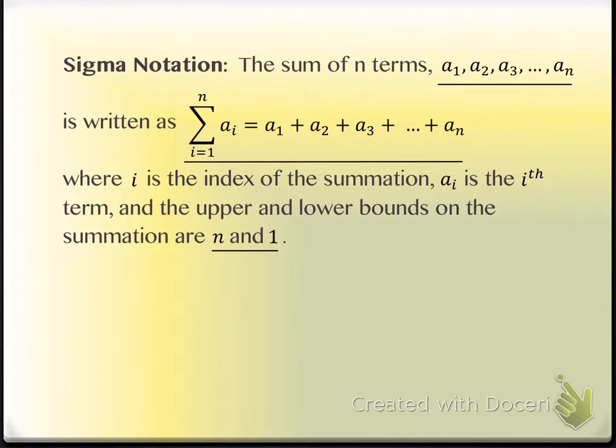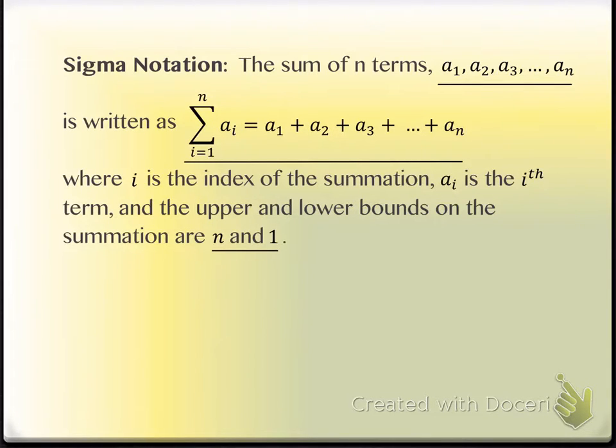So the first piece of information we're going to talk about is called sigma notation. The sum of the first n terms, a1, a2, a3, all the way up to an, is written as the sigma from i equals 1 underneath it up to n of a sub i.